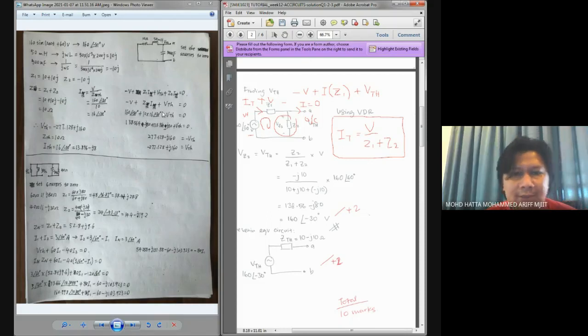So next time, make sure you redraw your circuit and try to give as much information to the examiner so that he can understand what's going on, or what you're trying to give in your solution. Otherwise, if I miss that point, I would say, okay, this is wrong, so definitely no marks.